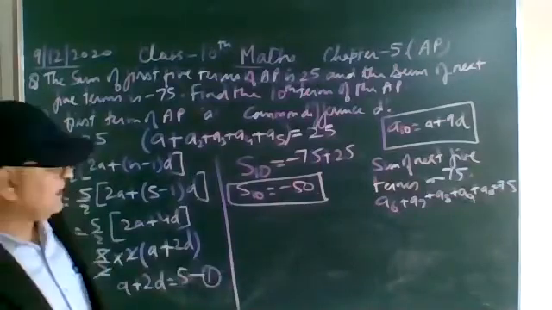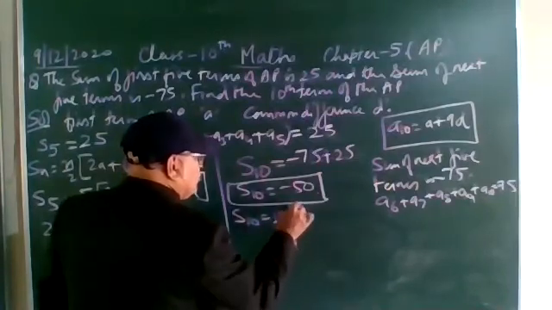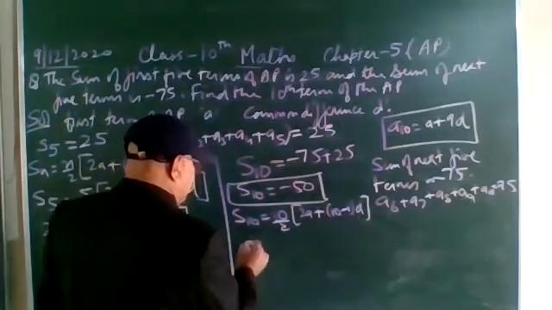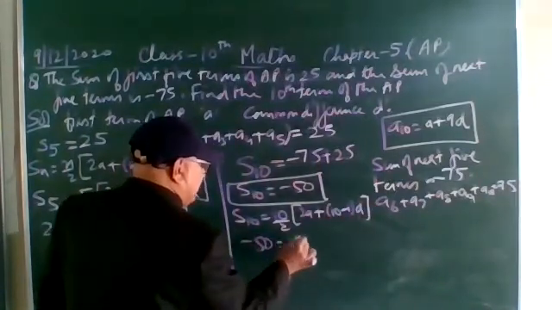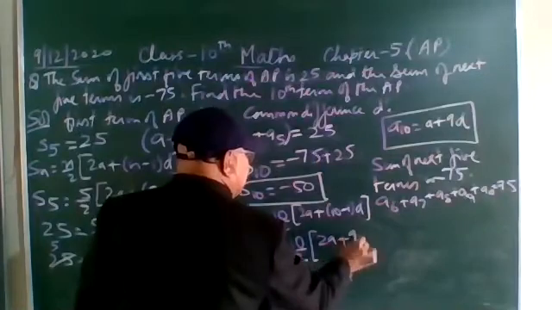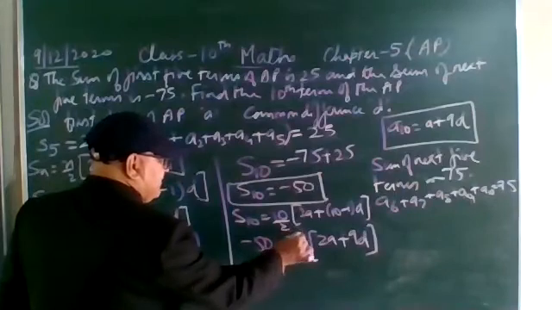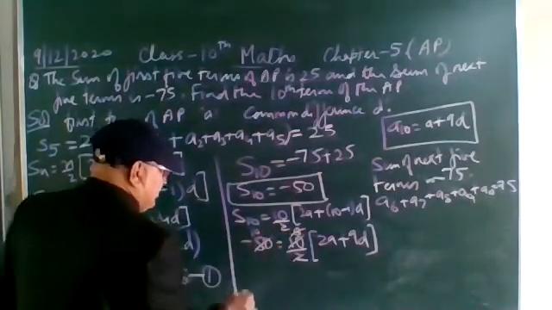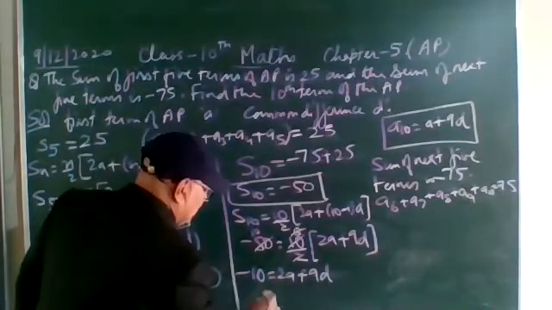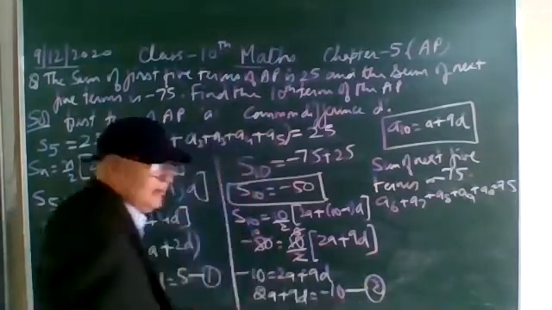You will get the equation here. S10 = 10/2 (2a + (10 - 1)d). -50 = 10 upon 2, that is (2a + 9d). So -10 = 2a + 9d. So 2a + 9d = -10, second equation.